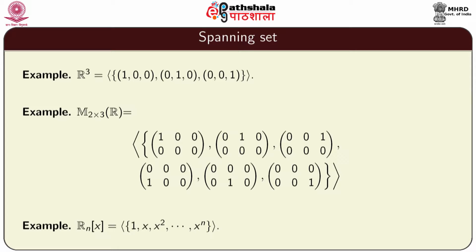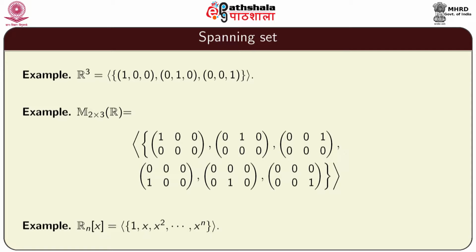Let us go back to those classical examples. R3, which is a vector space over the real field. Now, this particular set, that is the set containing (1,0,0), (0,1,0) and (0,0,1), is indeed a spanning set of R3.